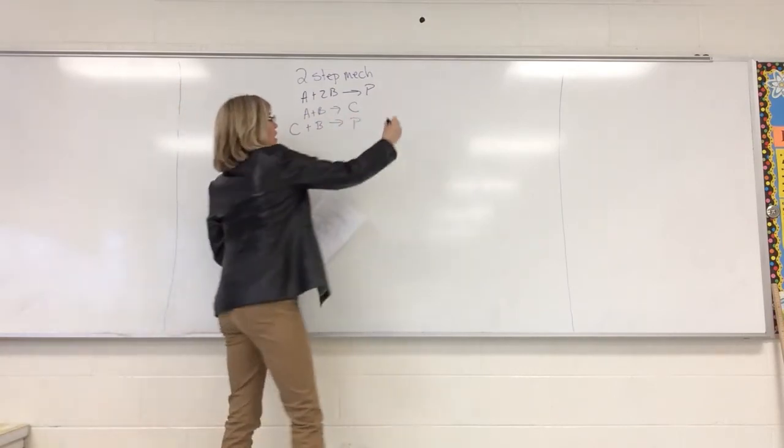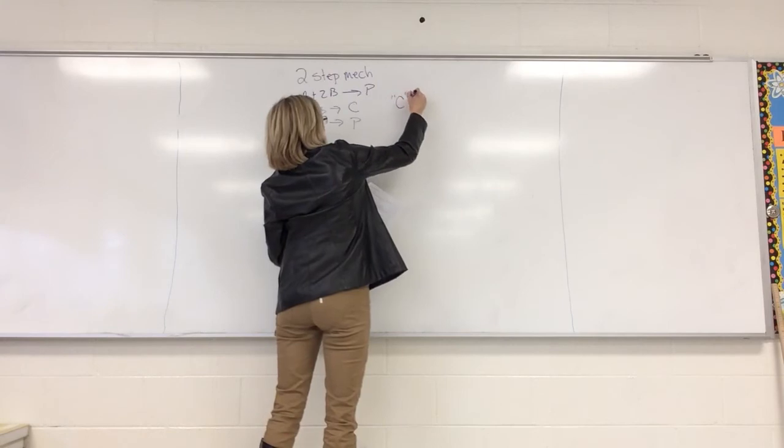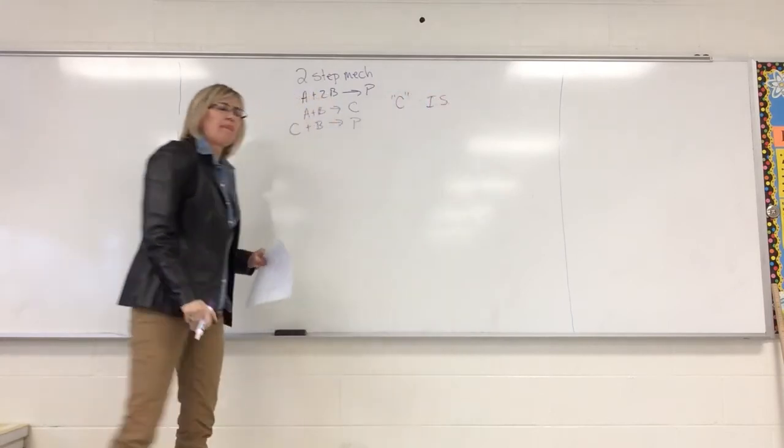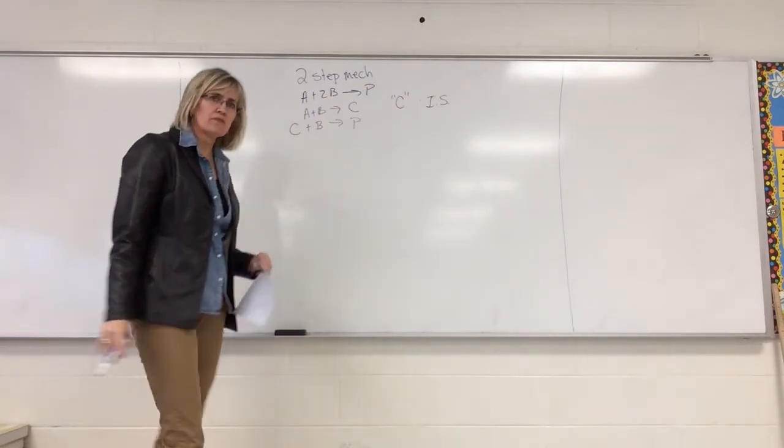So we have C as our intermediate species. All right, so how would we graph this?